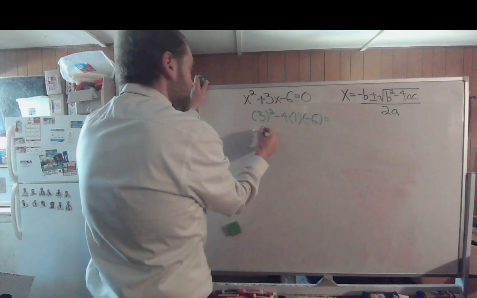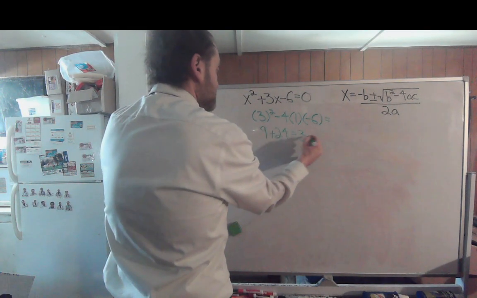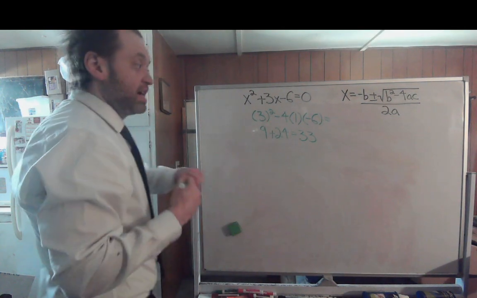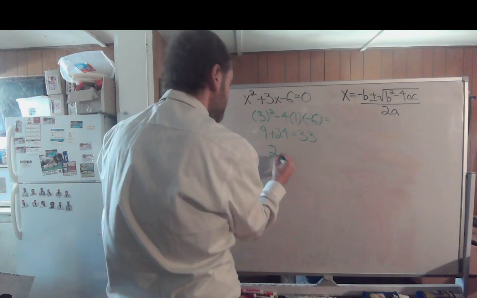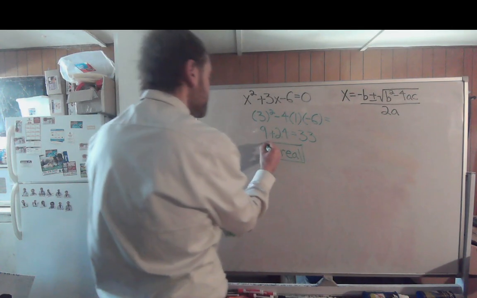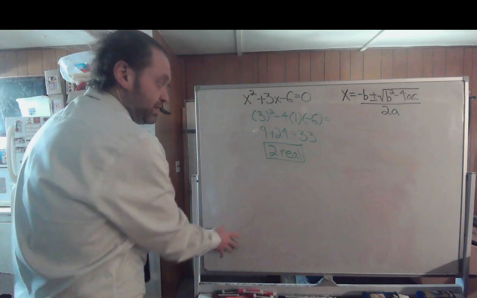This would turn into 9 plus 24, which would give you positive 33. Well, the discriminant's positive this time. It's greater than 0, so you'll have two real solutions, since you would have the square root of a positive number.